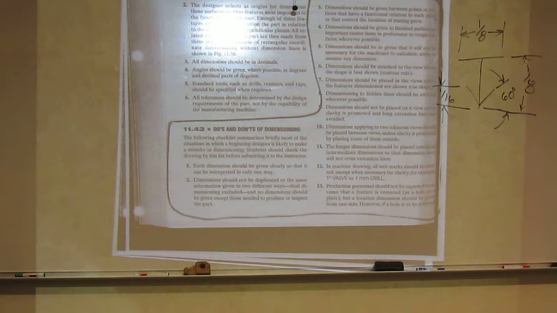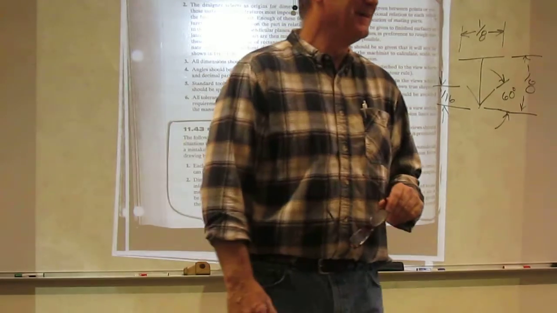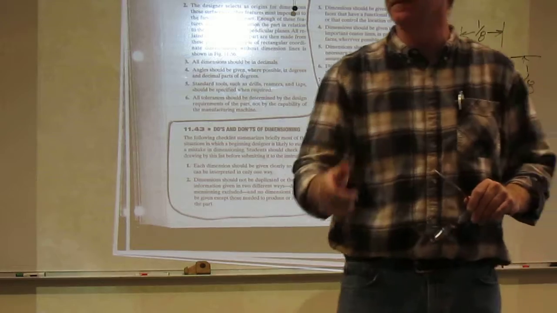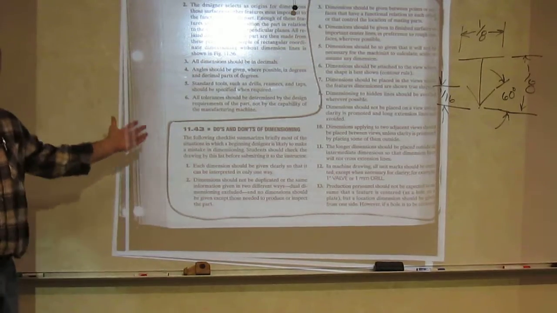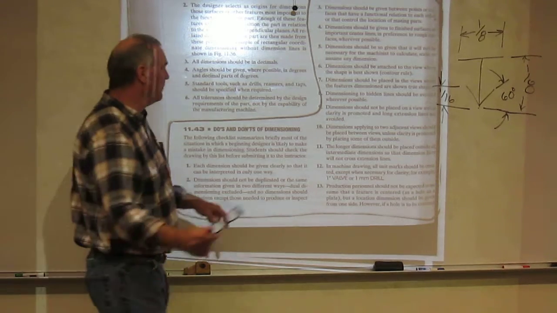Do you want to read this list every time you do a drawing? No. I would the first couple, to be honest with you. And then you're going to see where you make mistakes and you go, oh, I got to start paying attention to this one. Okay. But this is where you're going to get stuff that is always kind of sitting in the background, rarely gets talked about, but is placed here.